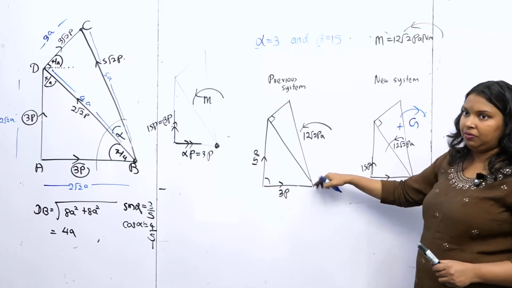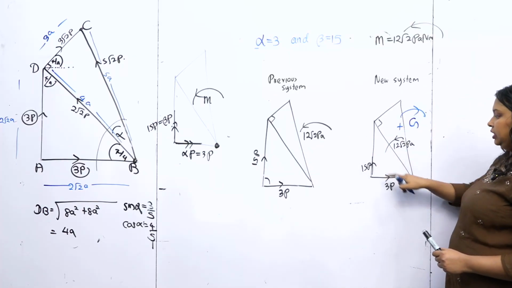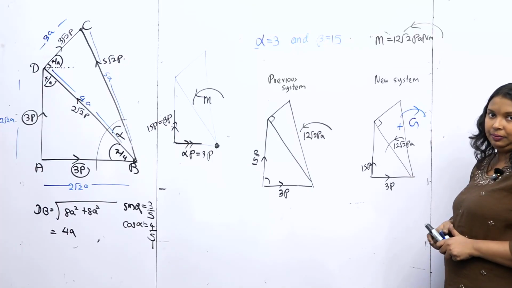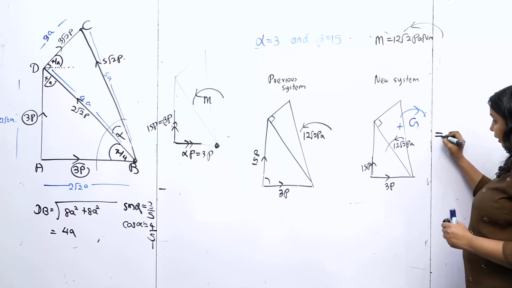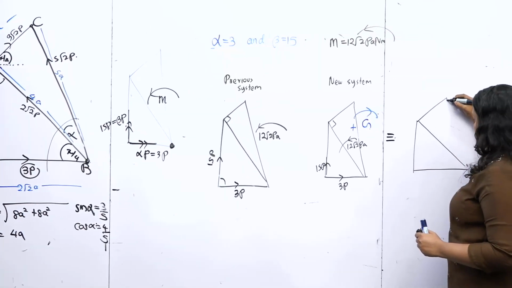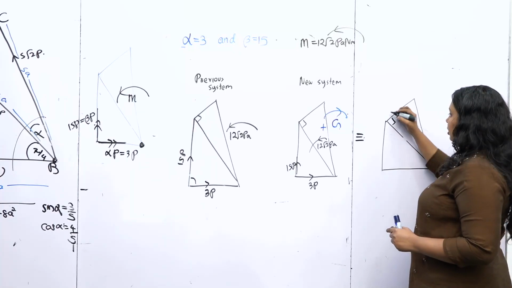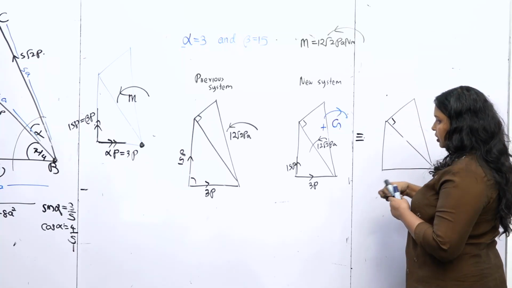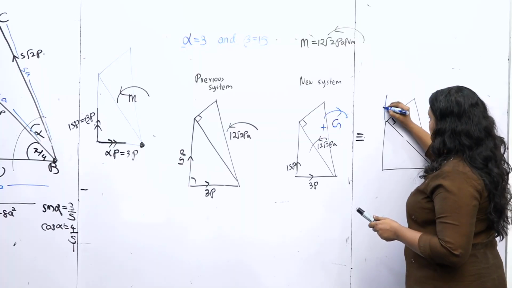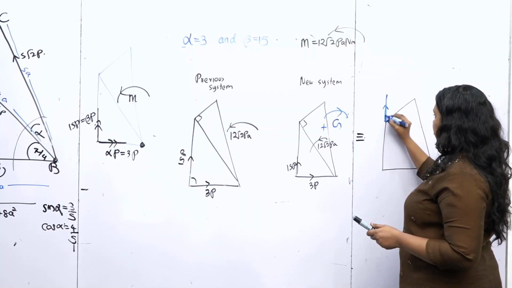The difference between the previous system, we had these three only. New system, we have these three plus this new couple, and this is equivalent to a resultant force passing through here.